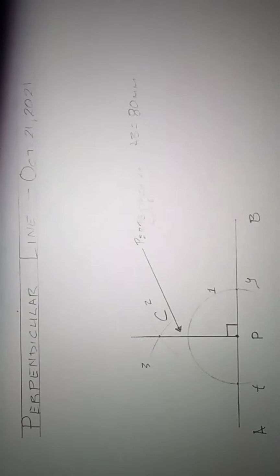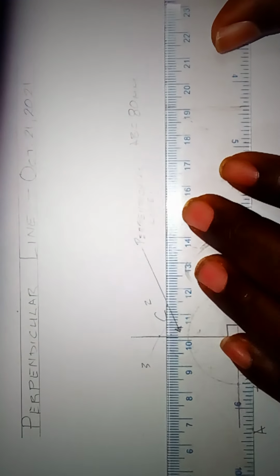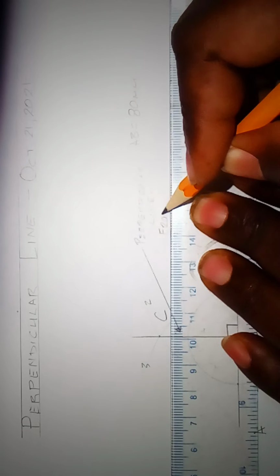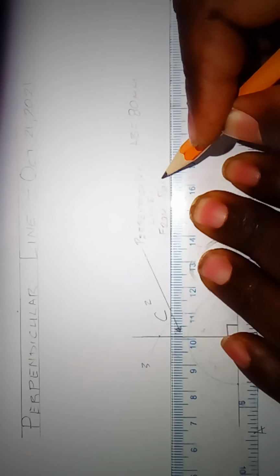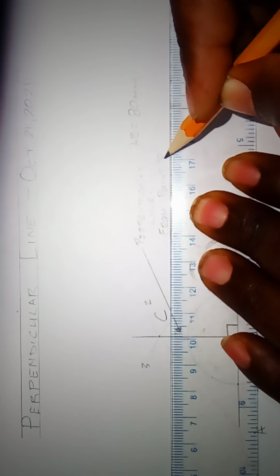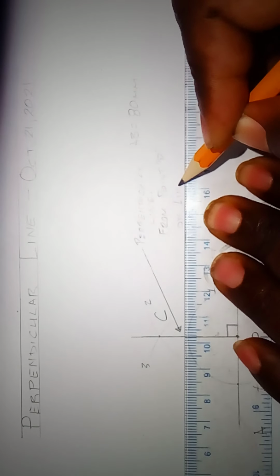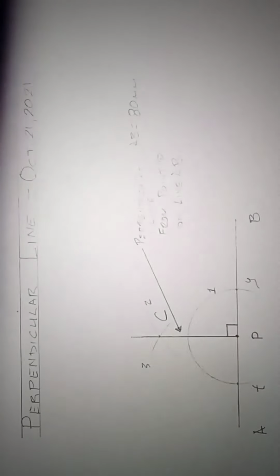All right, we could also say from point P on line AB, and that would take care of all of this construction.